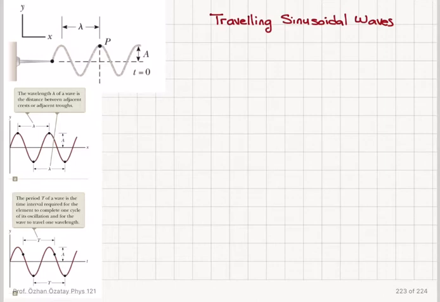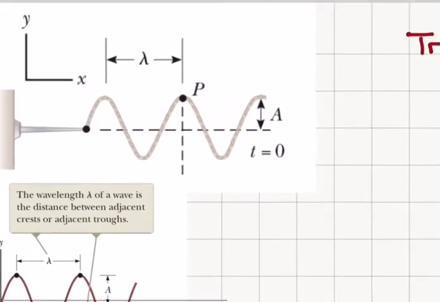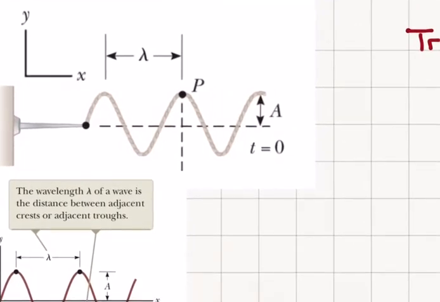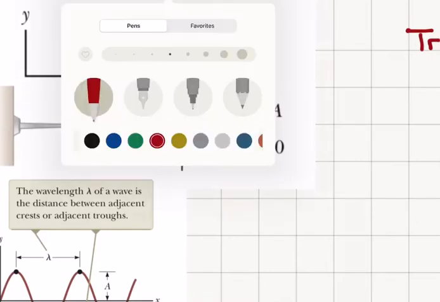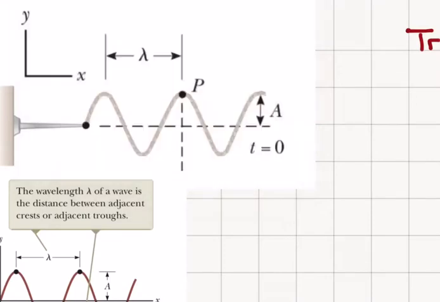Okay, now we're going to talk about traveling sinusoidal waves and how we can create them. As you can see here, we have a source touching one end of a string, moving up and down periodically and performing simple harmonic motion.